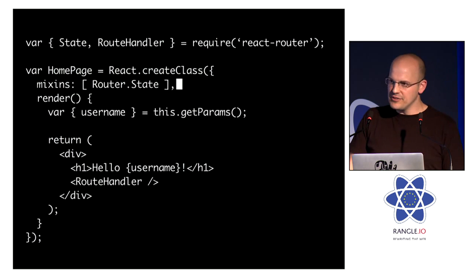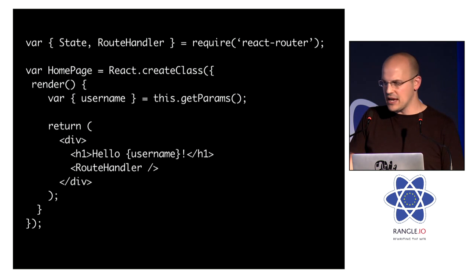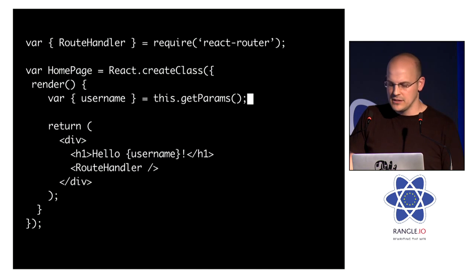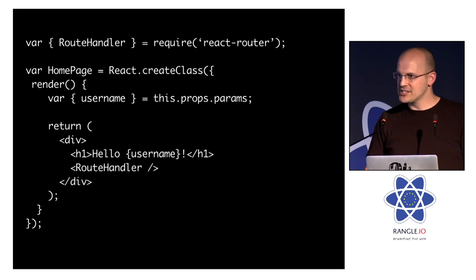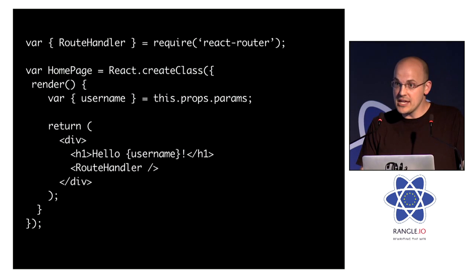So let's say this was a home page, we could just nix out the state mixin. That means we don't need to require it anymore. And instead of having a magic method called this.getParams, let's just use this.props.params. And we'll pass you the params as a prop. Similarly, you'll get the query and the location as a prop.